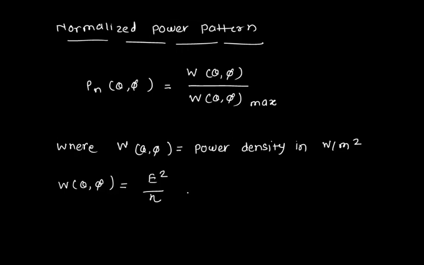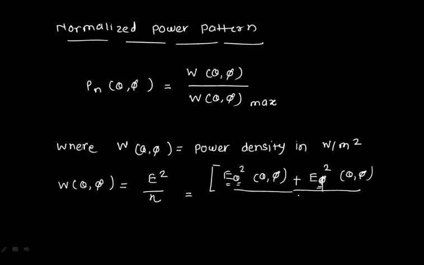So this will be E theta square as a function of theta and phi plus E phi square as a function of theta and phi. As this is E square, I need to take the electric field in the theta direction and the electric field in the phi direction, divided by neta. Now this neta is the intrinsic impedance and the unit is watts per meter square.